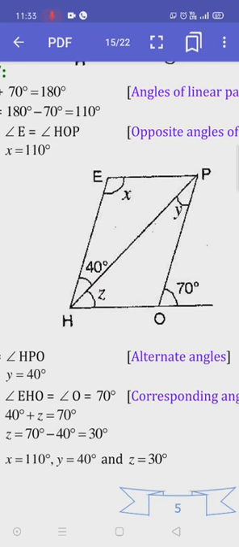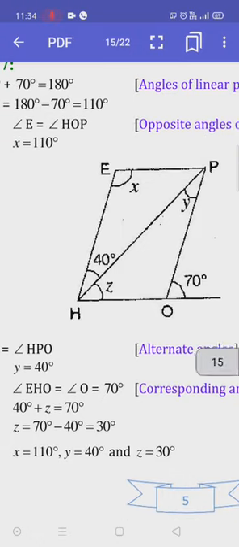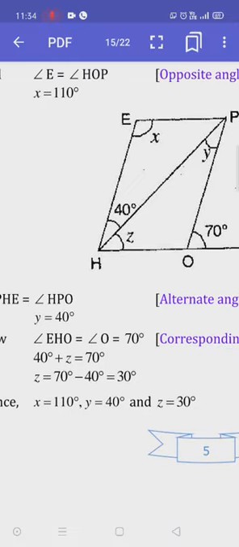So what is angle EHO? Z plus 40. Angle EHO equals angle O, these are corresponding angles. So I can write z plus 40 equals 70. 40 we can transfer to the other side. So z equals 30 degrees.